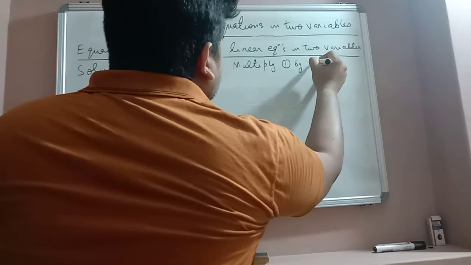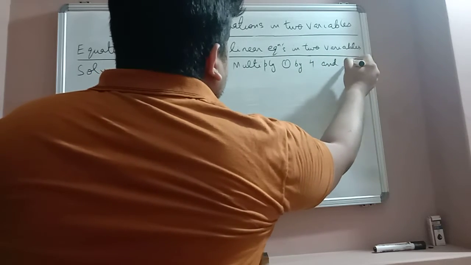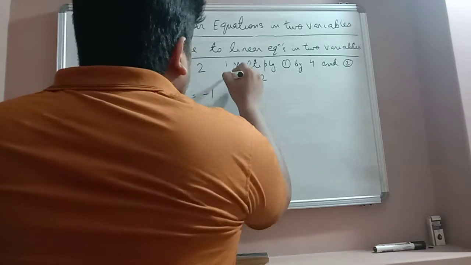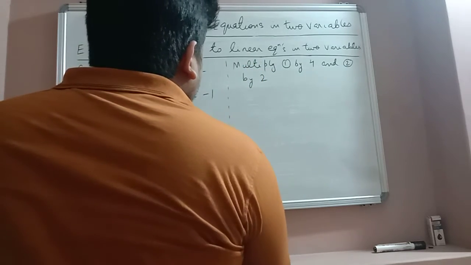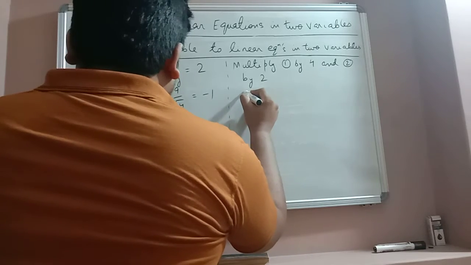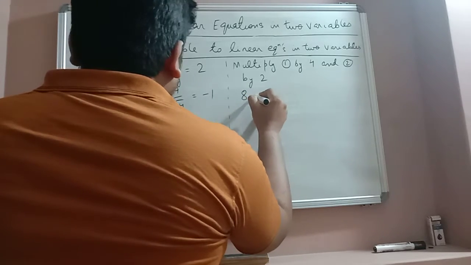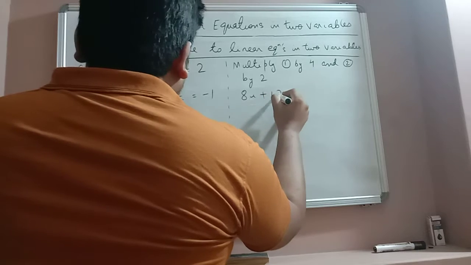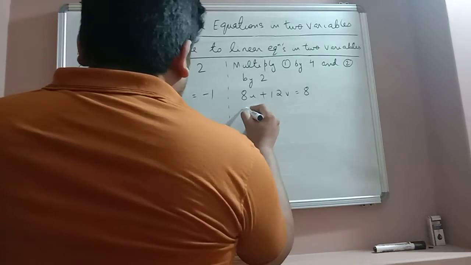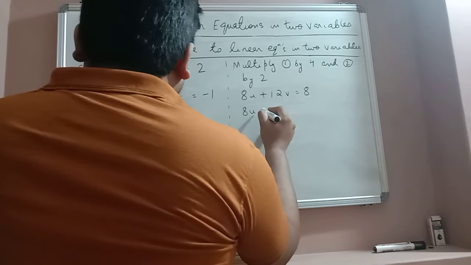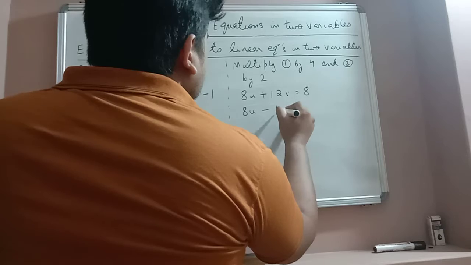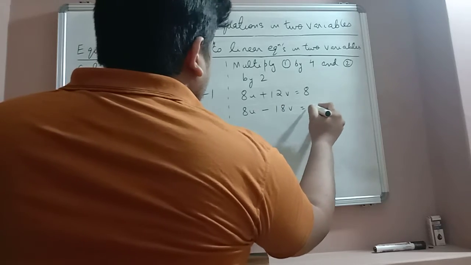We get 8u plus 12v equals 8, and secondly we get 8u minus 18v equals minus 2.